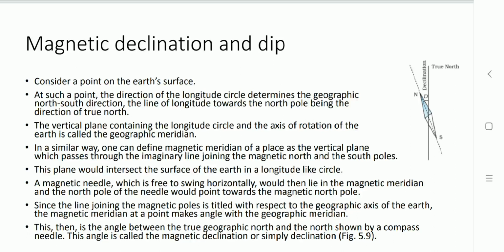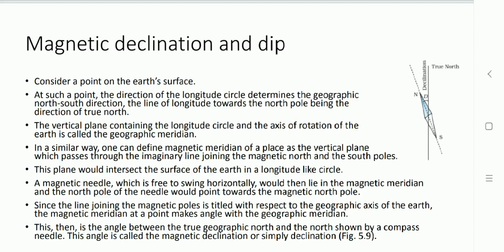So now we are taking a magnetic needle which is free to swing in a horizontal direction. When it lies in the magnetic meridian, the north pole of the needle points towards the magnetic north pole, which we have discussed in an earlier topic. The line joining the magnetic poles is tilted with respect to the geographic axis of the earth.